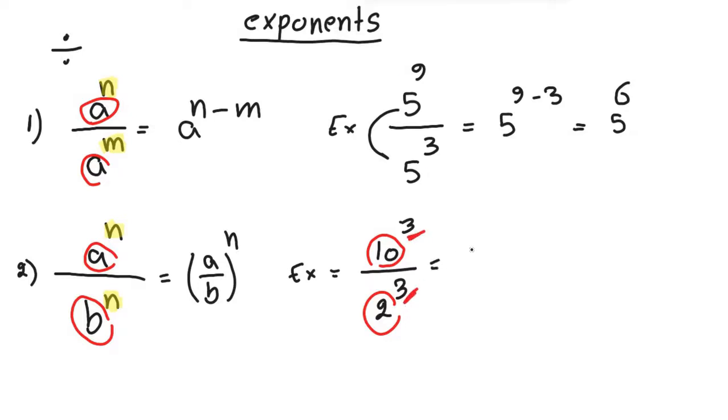It's equal to 10 divided by 2 and we take one power, because both are the same. So it's 10 divided by 2, which is 5, to the power of 3. So the answer is 5 to the power of 3.